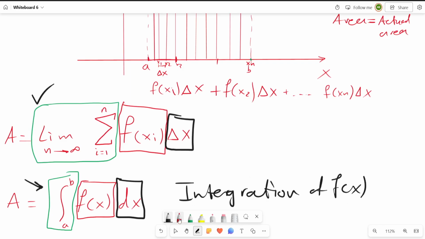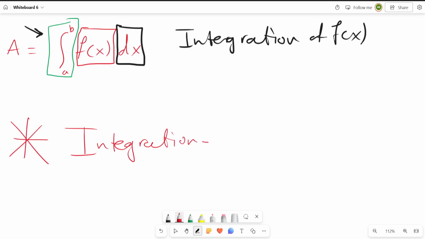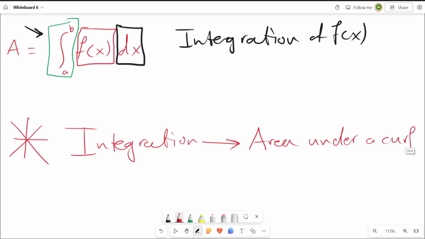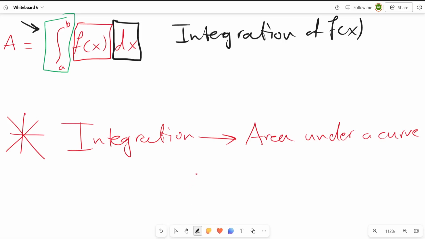What I want you to know, which is the most important thing in this class, is that integration gives the area under a curve. So if I have a function and I integrate it, then the answer of this integration is basically a function of the area under the curve.